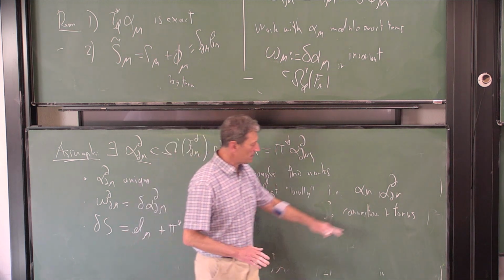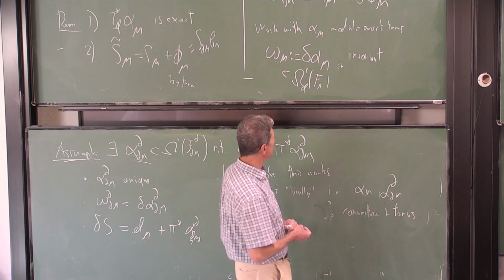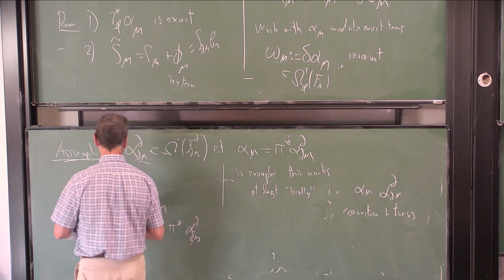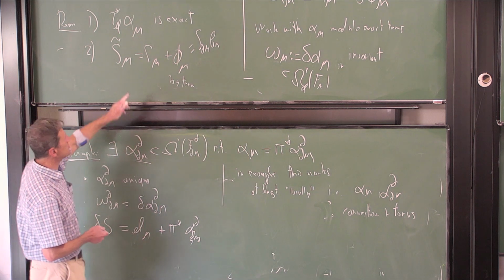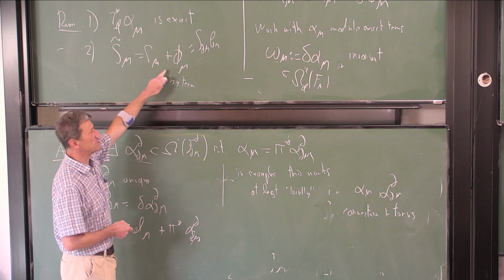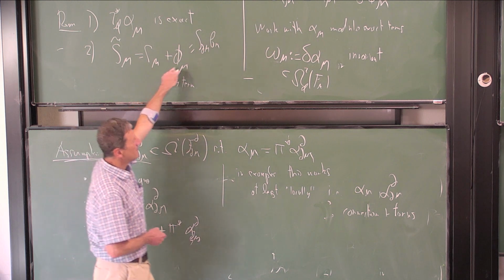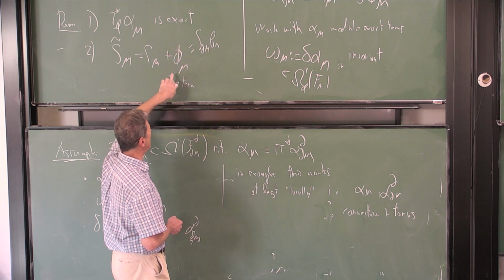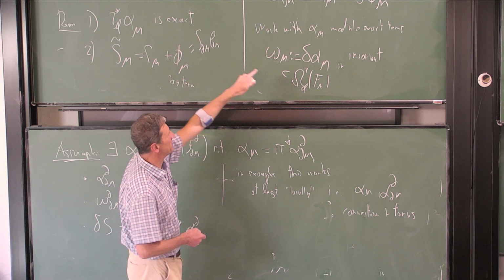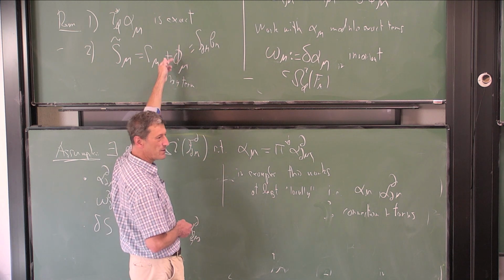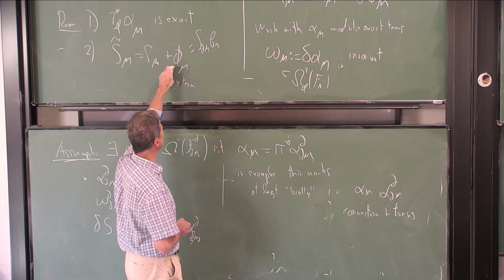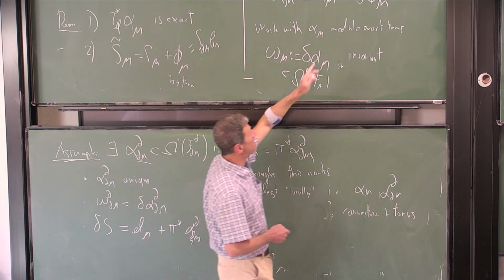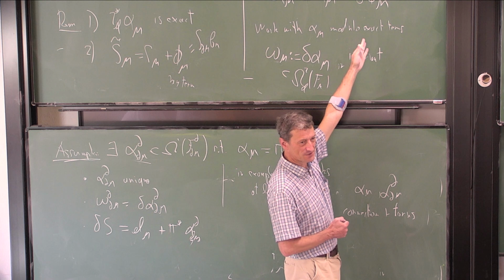Okay. Now, this interpretation of alpha as a connection one form is actually consistent with this operation here. Remember that alpha was defined up to the differential of a function, which is the way you can change the action by boundary terms, and correctly you should think of this as some gauge transformation.